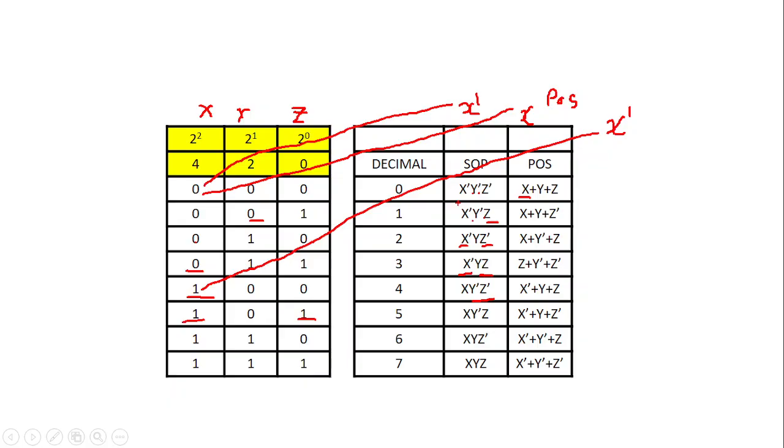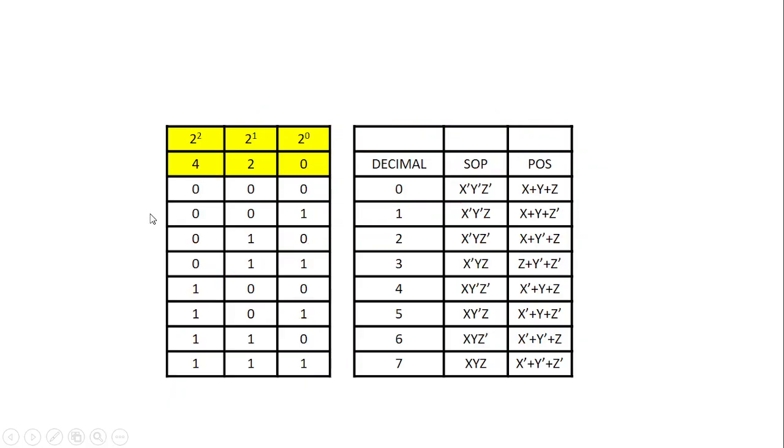In the sum of product, whenever 0 is there, you take it as X bar. But in product of sum, whenever 0 is there, you take it as X. Opposite of that. So here, this is 0, this is 0, this is 0. In sum of product, you write X bar dot Y bar dot Z bar.